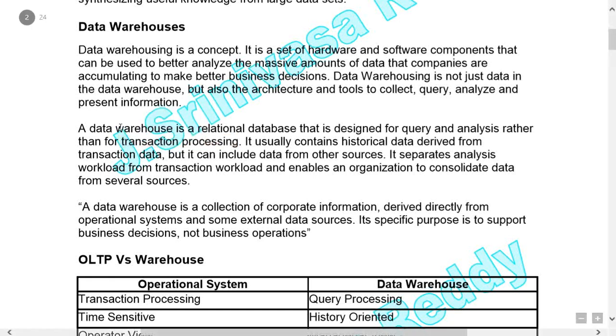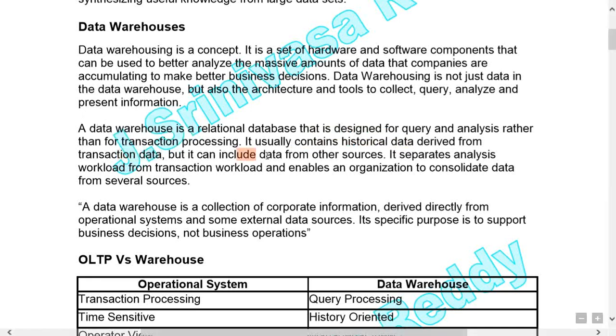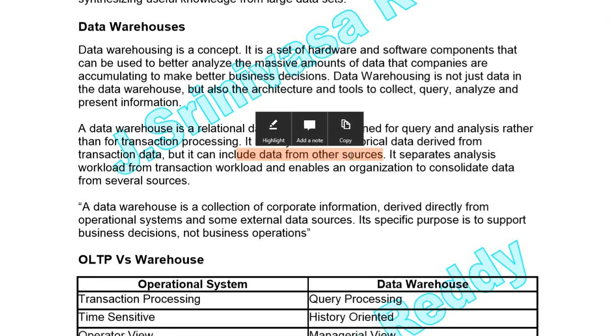The data warehouse is a database. It contains historical data. This historical data is derived from transactional databases. And it also includes data from some other sources, which we understood as external sources.